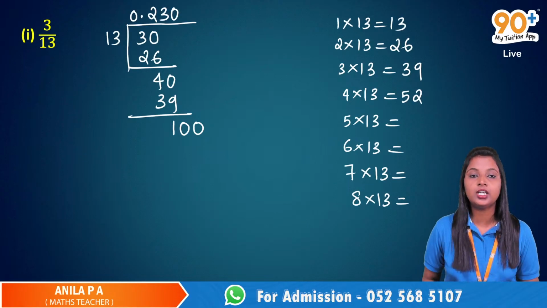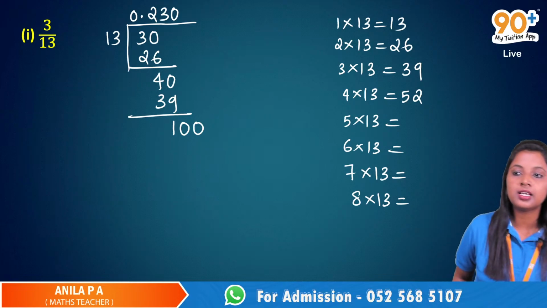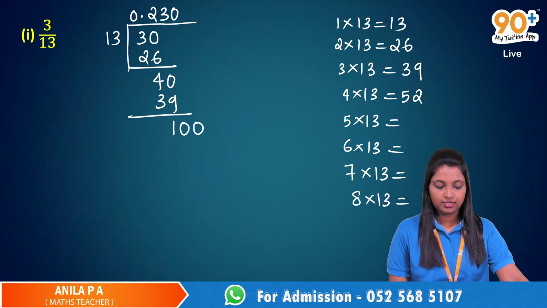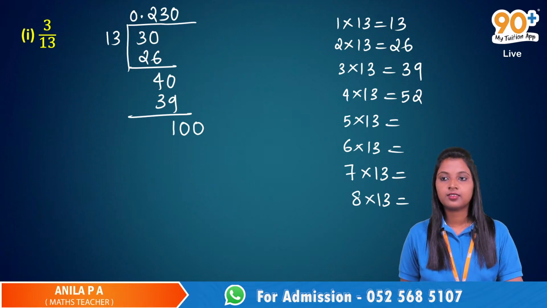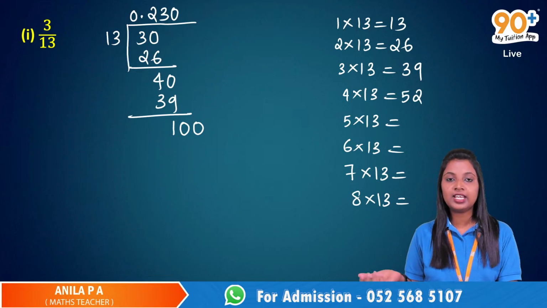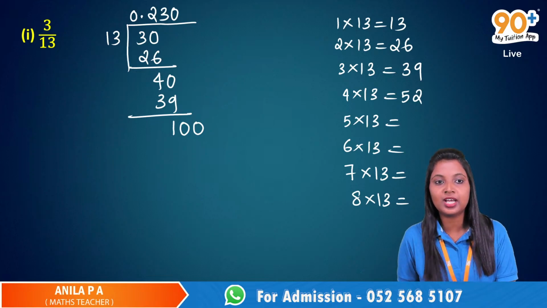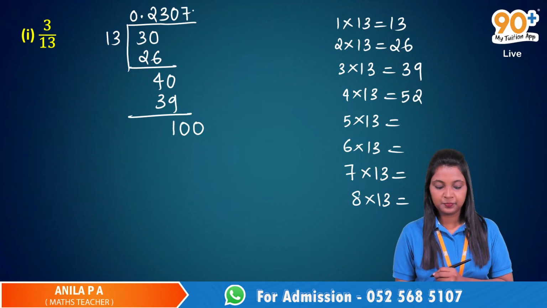So 100. How many times will 13 give us a number less than or equal to 100? 7. 7 13s are 91.